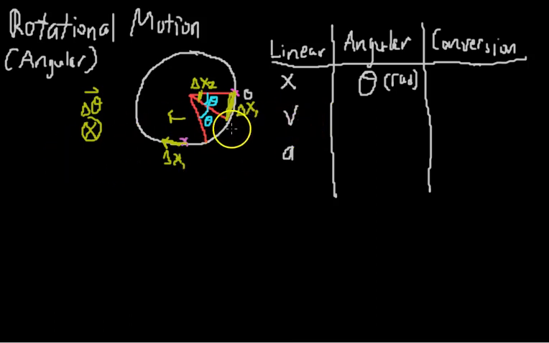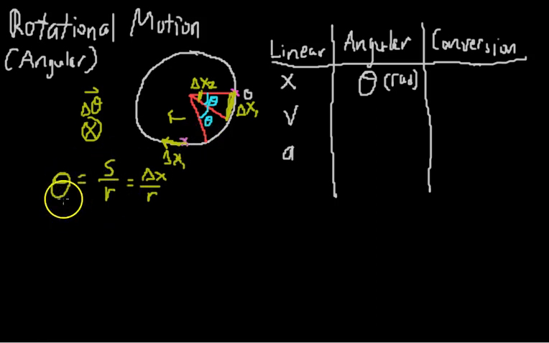Well, this is actually something that you should be familiar with. If you've studied math up through trigonometry, then you should know that an angle, theta, is defined by the arc length, which is normally denoted s, divided by the radius. Now for us, this is synonymous with delta x over r.